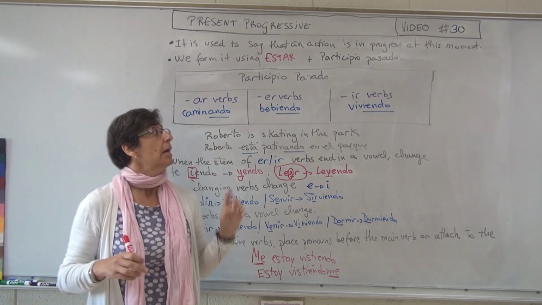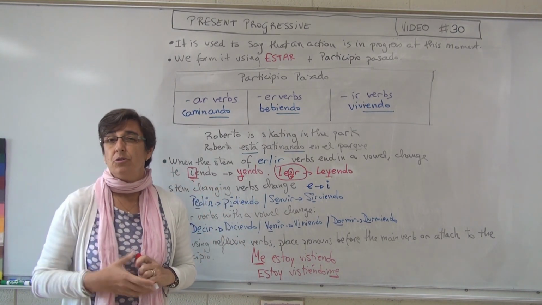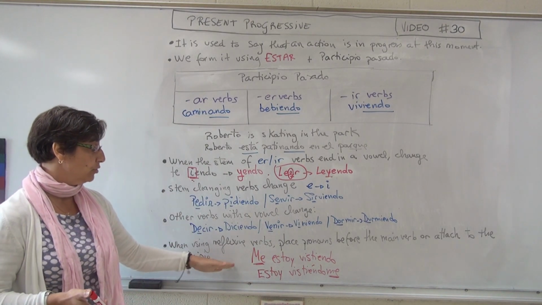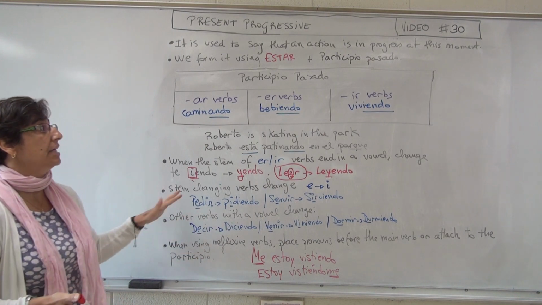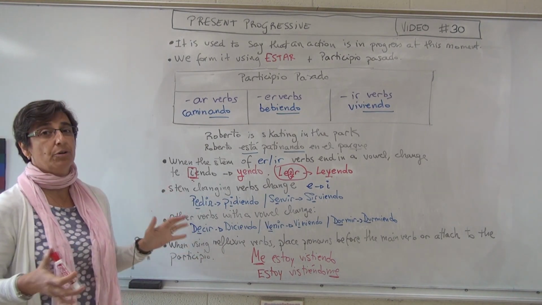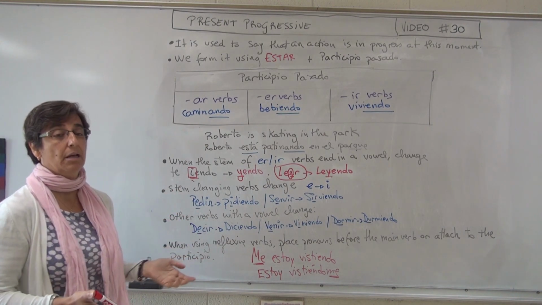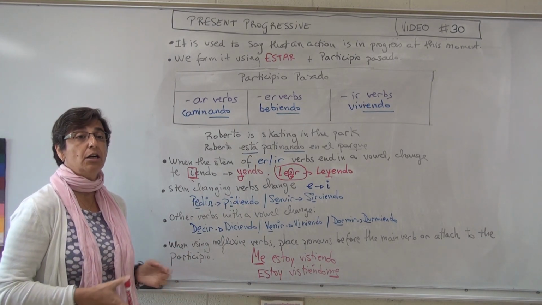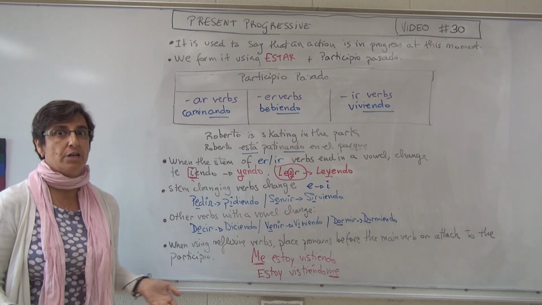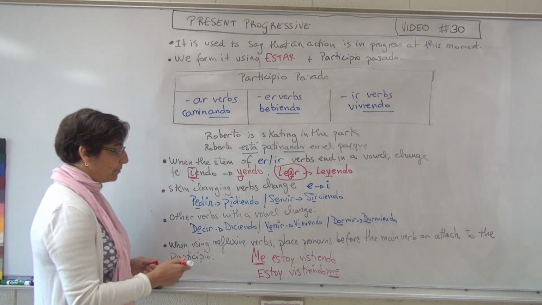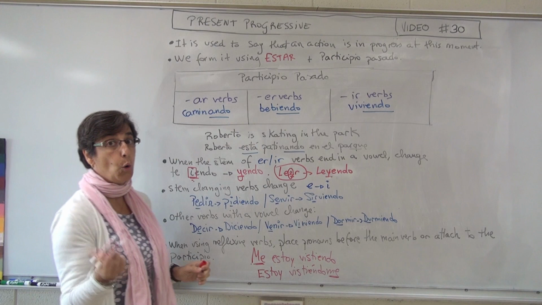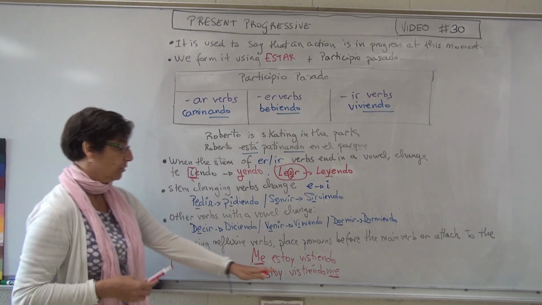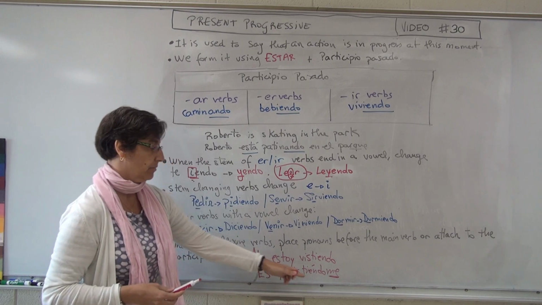But now, remember that in the previous video we were talking about the reflexive verbs. When we are using reflexive verbs with this tense, present progressive, I'm having a shower, I'm combing my hair, and I am getting dressed, then we have to write the pronoun. Remember, before the conjugated verb, or we add it at the end of the other verb, okay?